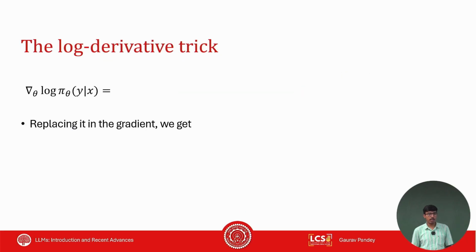That's called the log derivative trick. If you have to take the gradient of a log, what does the gradient of a log look like? If I compute this gradient, what will it look like?